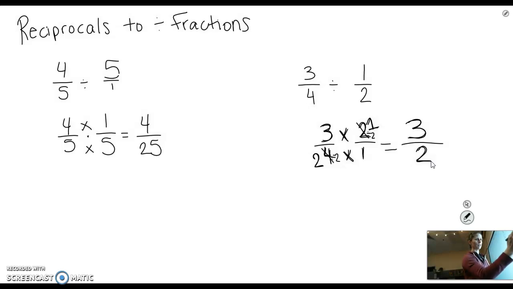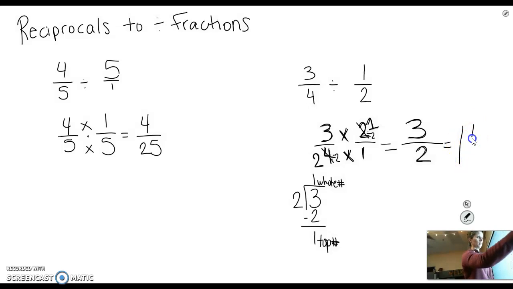So 3/2 is the same as 3 divided by 2. 2 will go into 3 one time with 1 left over. Now remember, this is my whole number. This is my top number or my numerator. So now I have 1 and 1/2. Your denominator stays the same.